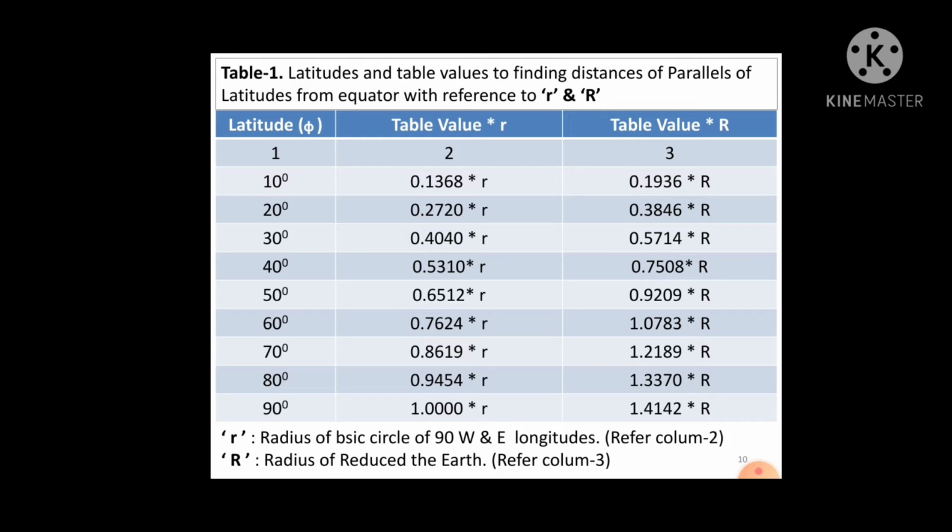Using these values of respective latitudes, if you multiply them with the radius, either small r or capital R, you will find the distance of the particular latitude from the equator. It will help to mark the distances of each latitude from the equator, as per the interval given in your example. So this is the most important step.